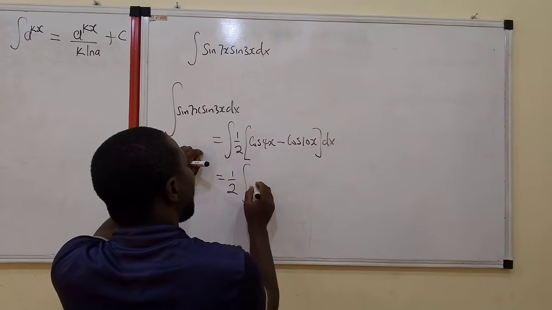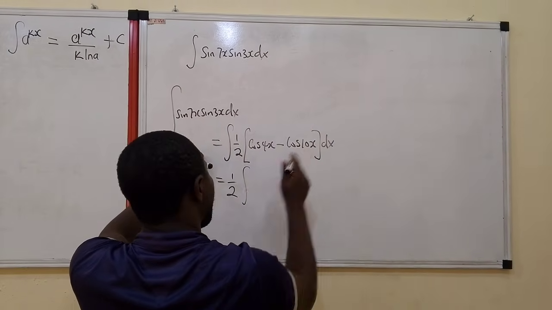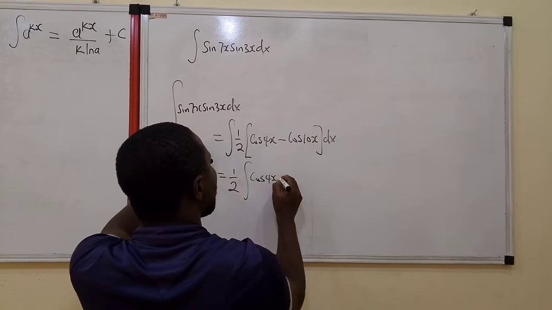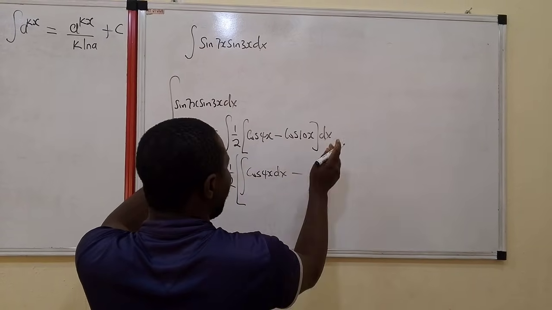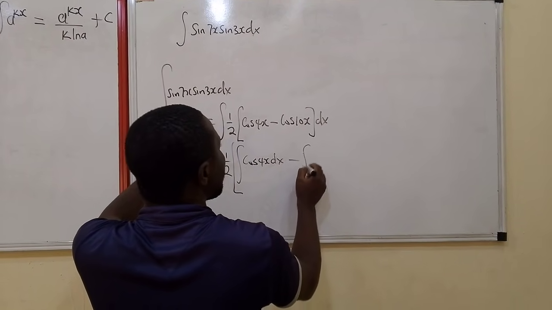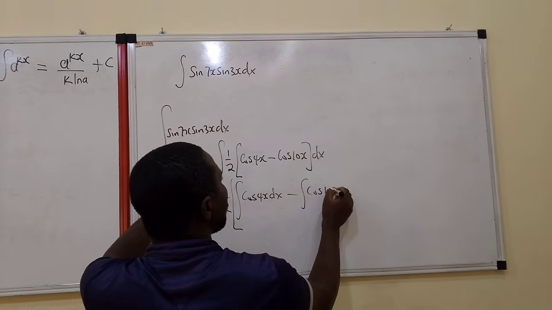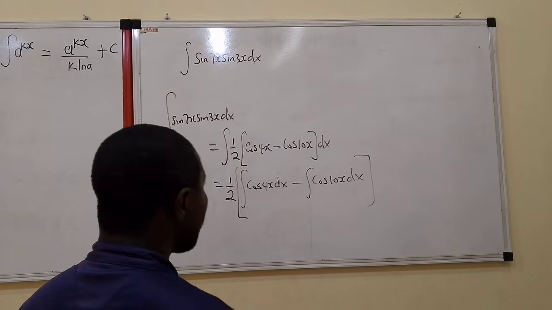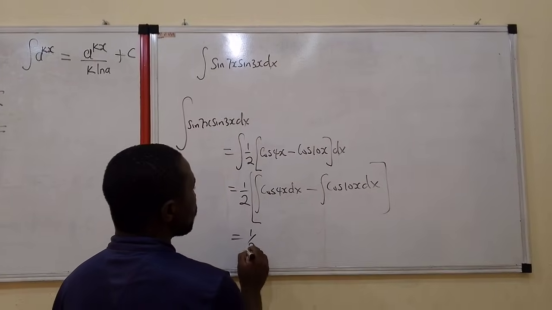So the integral of, then I'll share the integral to both cos 4x and cos 10x. Integral of cos 4x dx, minus the integral of cos 10x dx. Okay. This will give me 1 over 2.